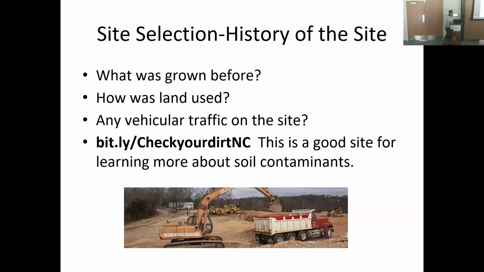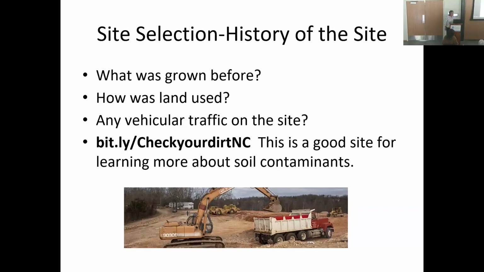Sometimes when new subdivisions are being built, there's one lot that was the place where all the equipment was parked when the folks went home for the day. Is that where your garden is? Sometimes there's construction debris buried in the soil. And so you want to know what happened where.